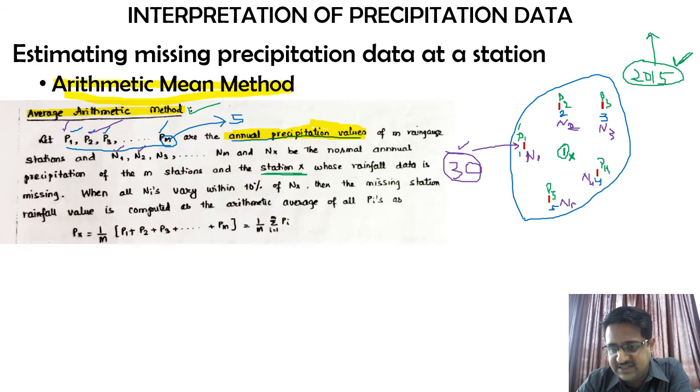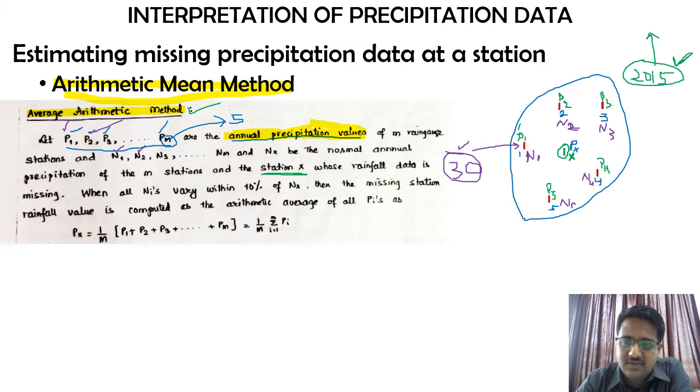Keeping that in mind, the next step is, since I don't have the value of this Px, I'll take some different color. I don't have the value of Px, the reason being the precipitation for 2015 is not available, because this instrument has stopped working for this current year.